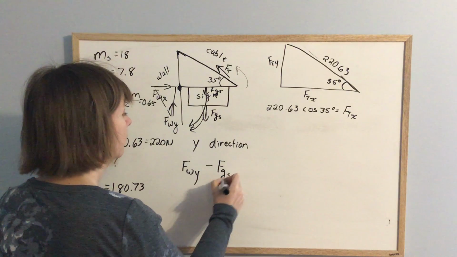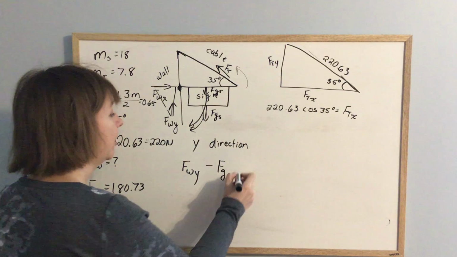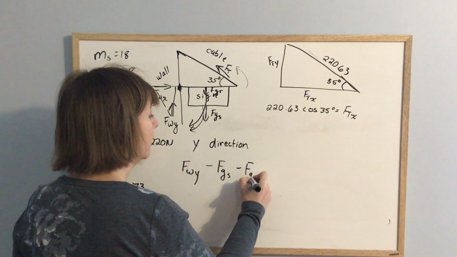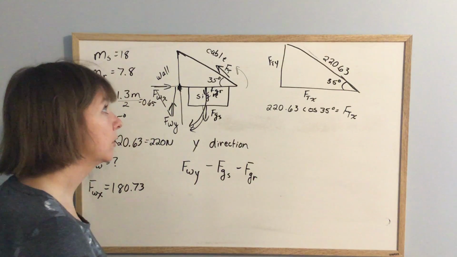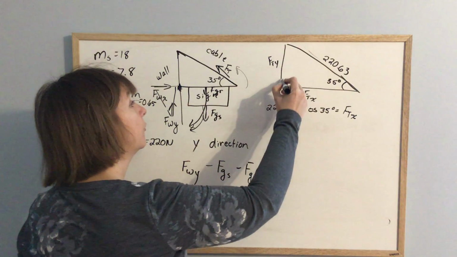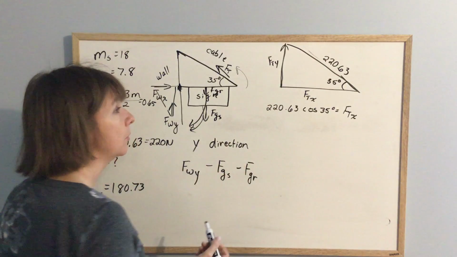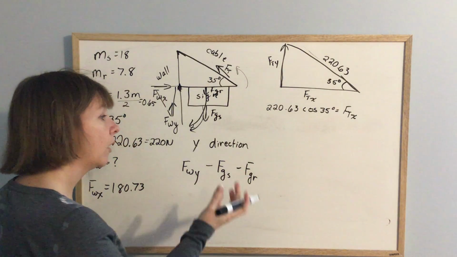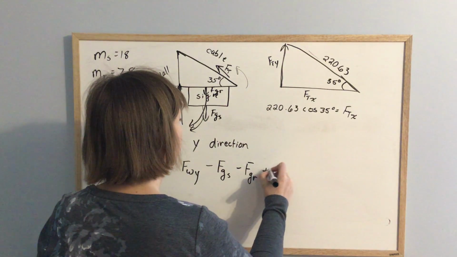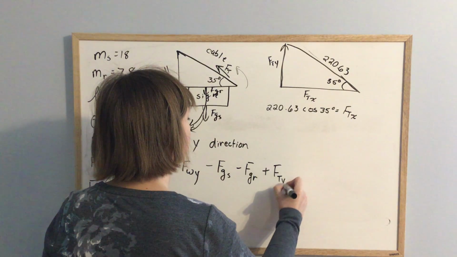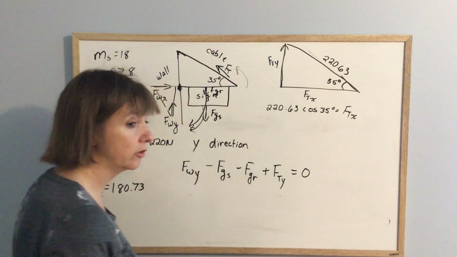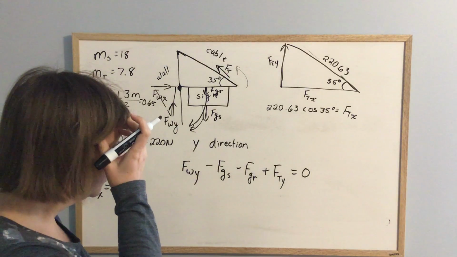That's going down, so it's going to be negative. We have the force of gravity on the rod also going down, so it's going to be negative. But we also have the force of tension, the y component, and that is helping to hold the rod up, so it's going up. So plus force of tension in the y direction, and again, that should all equal 0.